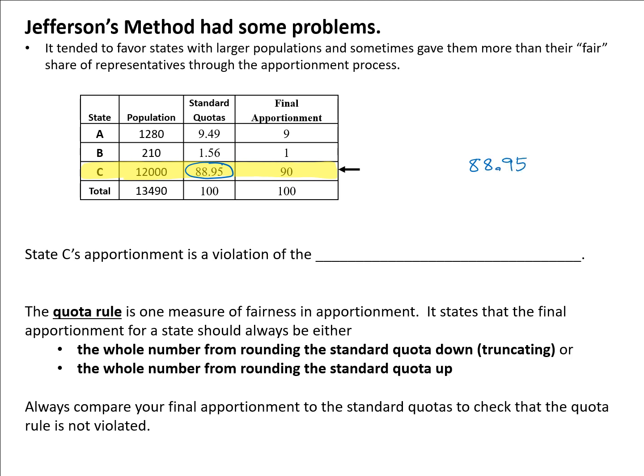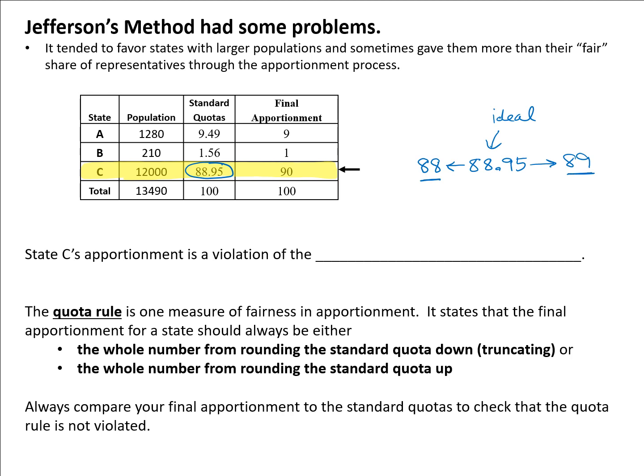So technically, if you could give them a decimal number of seats, the ideal number of seats would be 88.95. But we can't give them a portion of seats. We have to give them a whole seat. So the rule is generally that we should give them either that value rounded down or that value rounded up. So you would look at the whole numbers on either side.